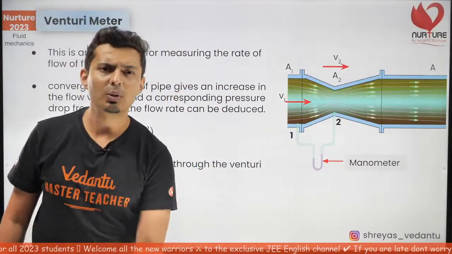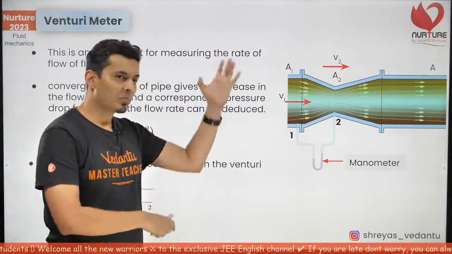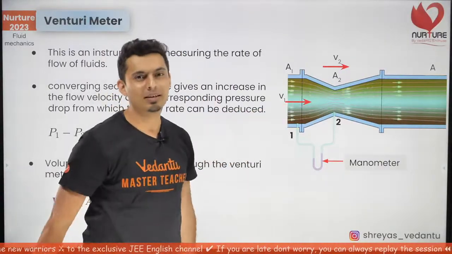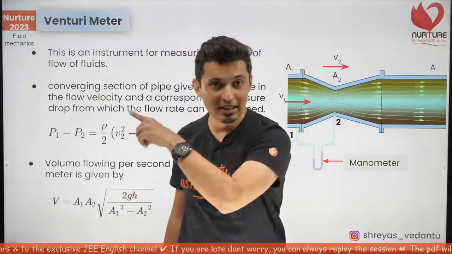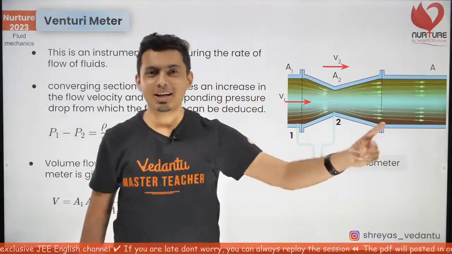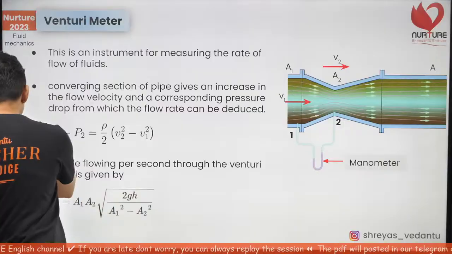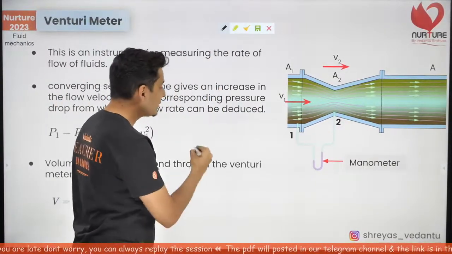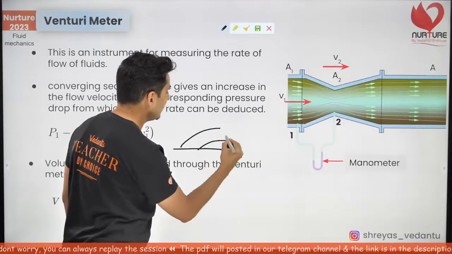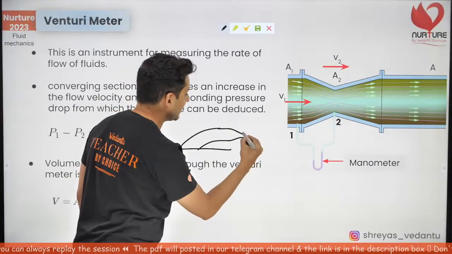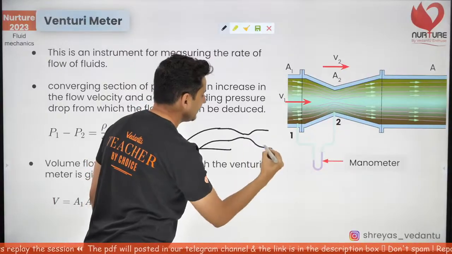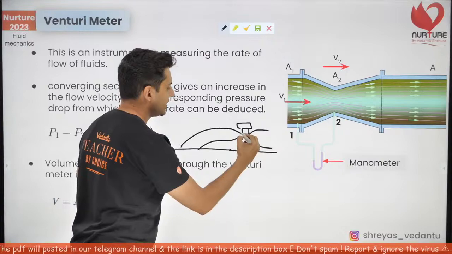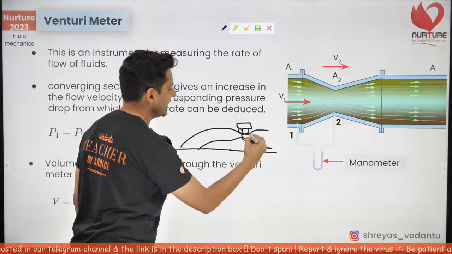Now, before we solve a question, you might be wondering, sir, what is the use of this? This is used to measure how much volume of liquid is flowing in. Believe me, it is still there even today. If you live in big cities like Mumbai, Delhi and Chennai, you will see the pipes suddenly come out of the ground, and at some place the pipe becomes narrow and then again it becomes big, and there will be some meter attached over here.